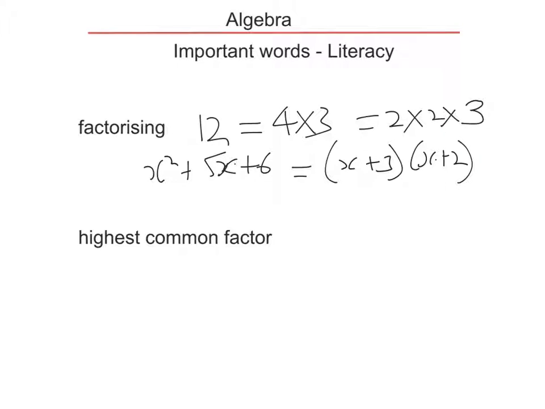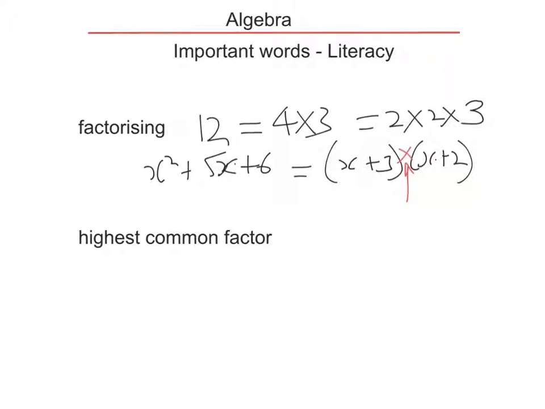Now that doesn't look like it's something multiplied, but remember, of course, in here is a hidden multiplication sign. So basically, this bracket is multiplied by that, and these are called the factors of this expression. 2, 2 and 3 are factors of 12, x plus 3 and x plus 2 are factors of x squared plus 5x plus 6.